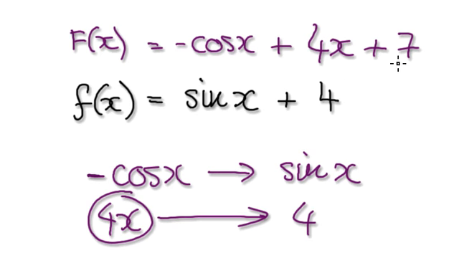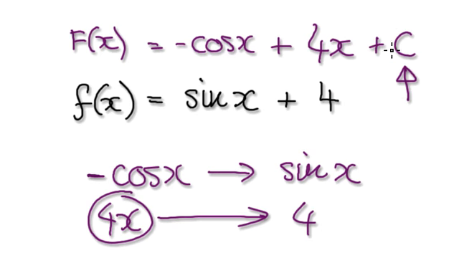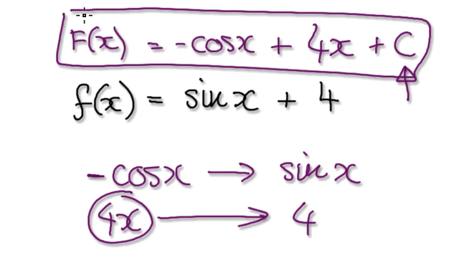But the point is, you've got to put the plus c in here. This plus c is important. It really encapsulates the whole family of these curves that will differentiate to this. So you do need the c here. So the antiderivative is given by this. Okay.